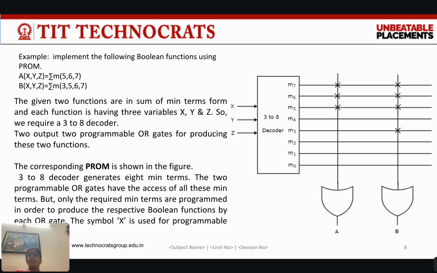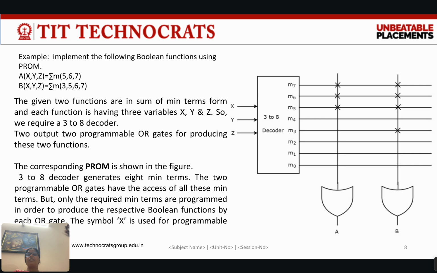Here we can see an example of PROM in which the two functions A and B are implemented with the help of PROM. As we have two output functions, we select two OR gates. The number of input variables in these two functions is three, giving 8 different combinations.